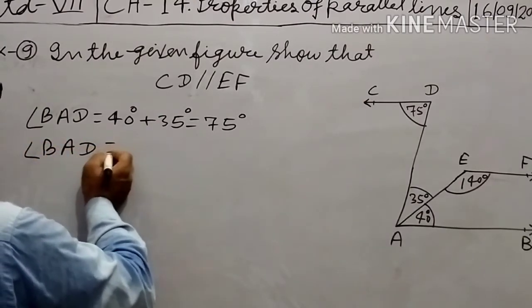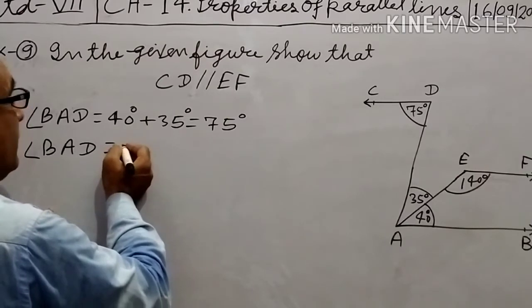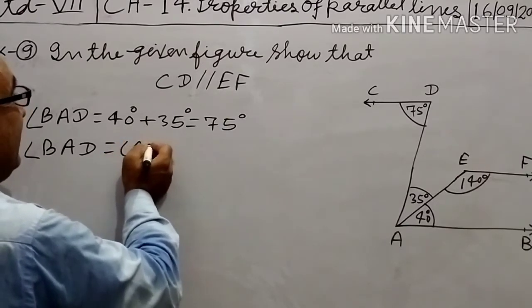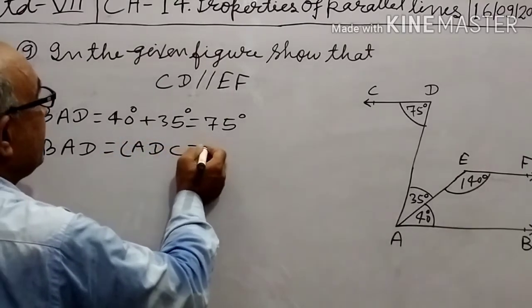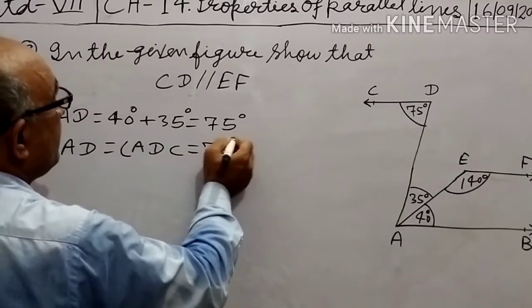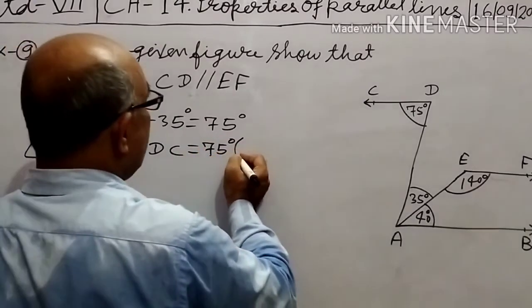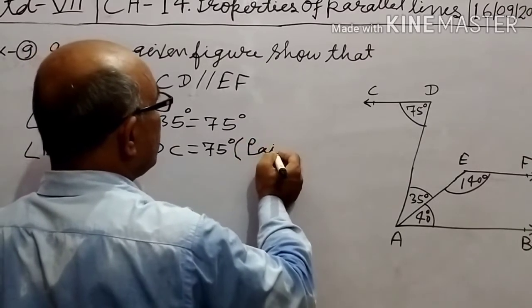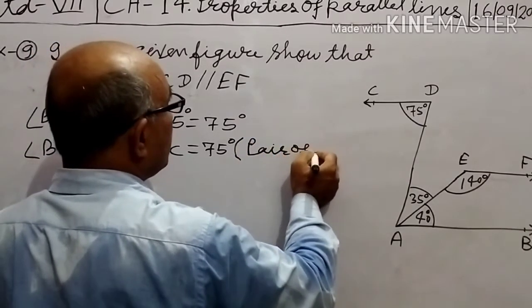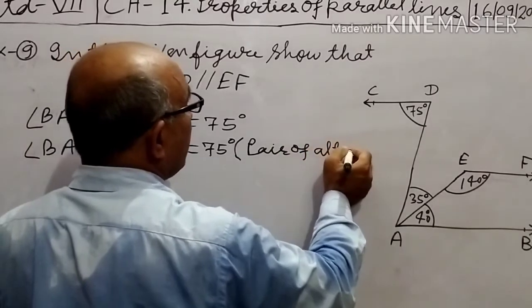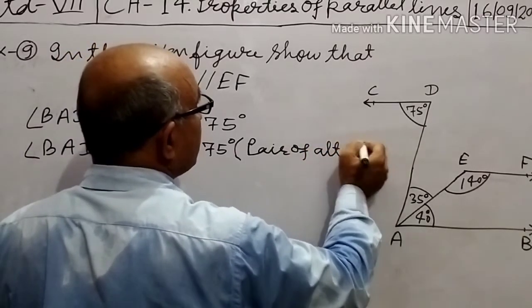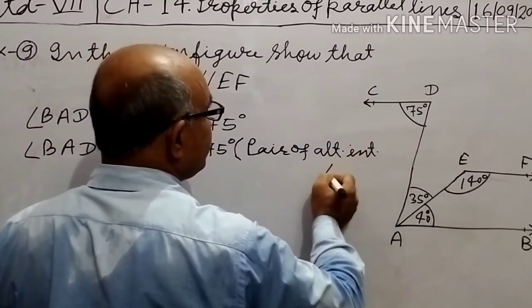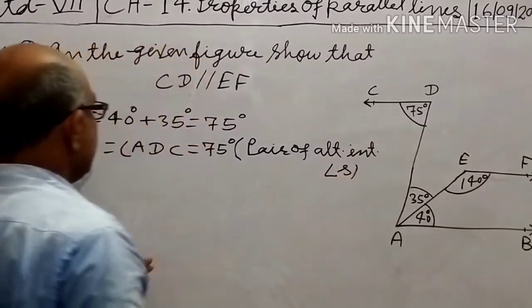Now, angle BAD equal to angle ADC equal to 75 degrees. These are a pair of alternate interior angles.